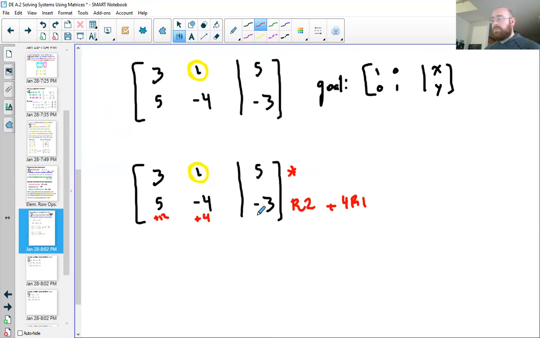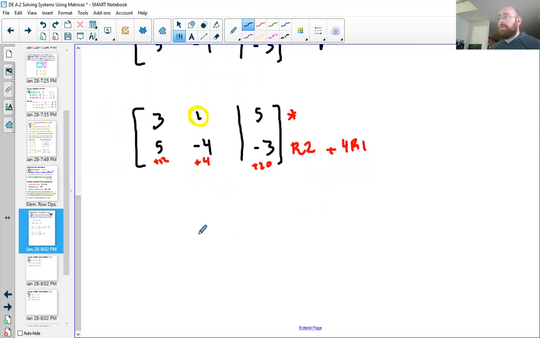And then 5 times 4 is 20. And so now, when I rewrite my matrix on the next line, the first row doesn't change because we said that's our pivot. The second row, 5 plus 12, is 17. -4 plus 4 is 0. And -3 plus 20 is 17.